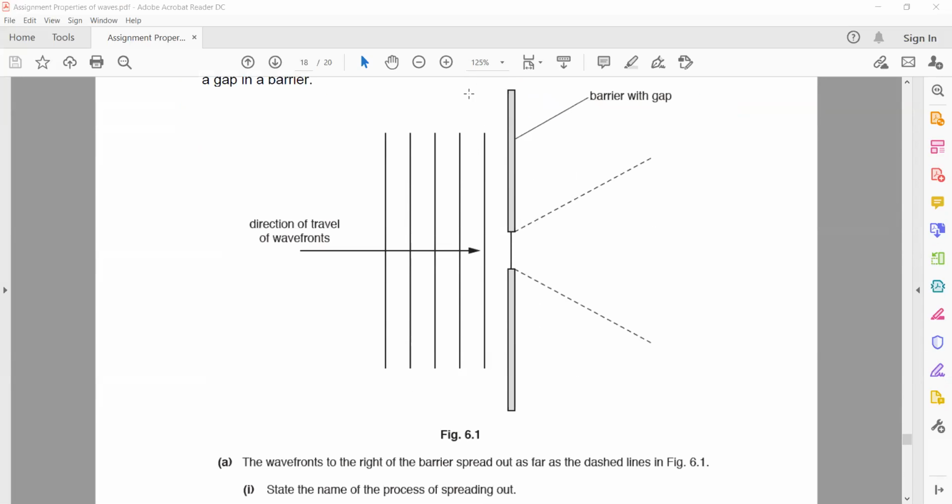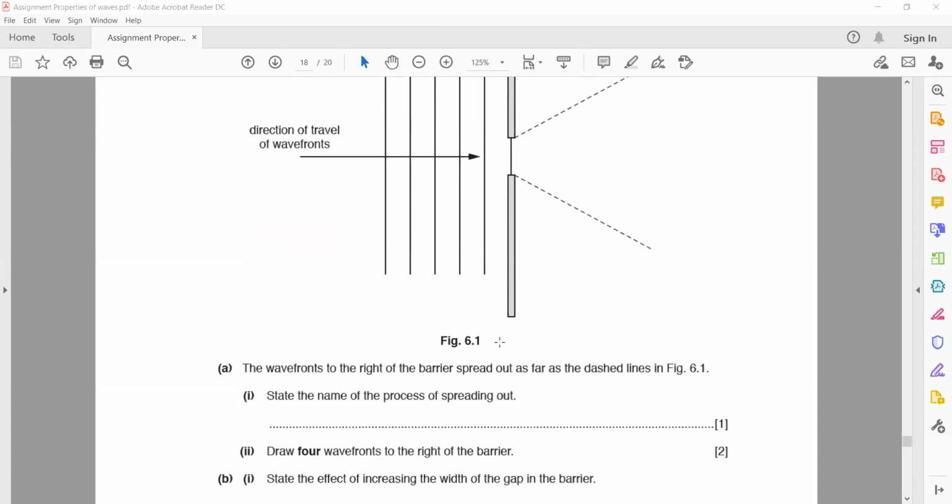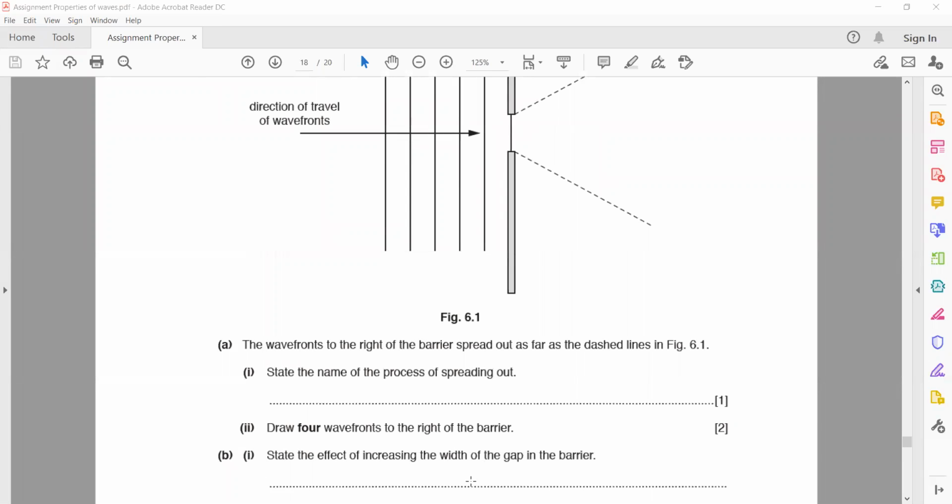You can see when you compare the wavelength with the gap size, the wavefronts to the right of the barrier spread out as far as the dashed line. So they represented how they spread out. State the name of the process of spreading out, what we call it when the wavefront spreads out. What is the name given to this phenomenon, the spreading of the wave? We call that diffraction.